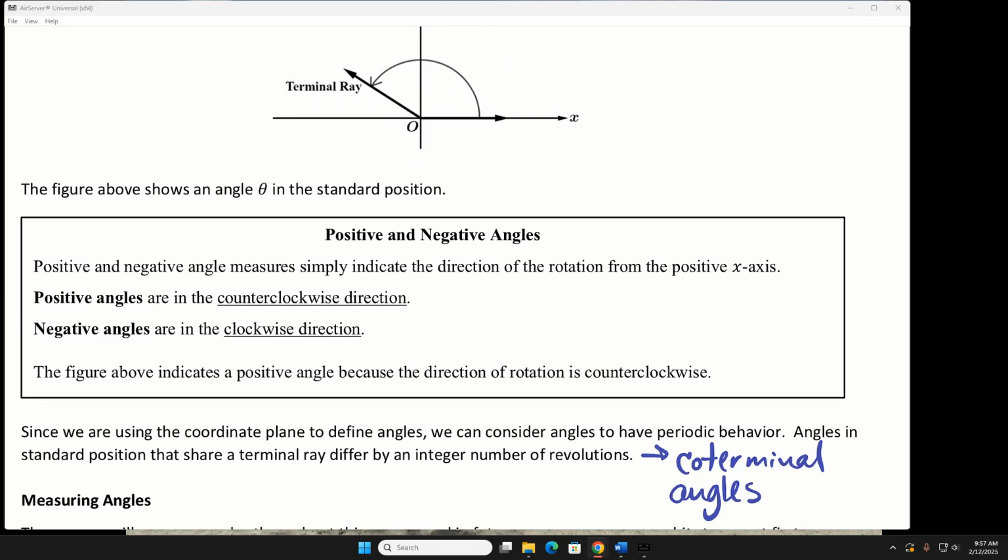They're going to have the same starting and stopping points. So they're going to start here and end here. One of them could rotate this way, and the other could rotate in the negative direction, and that would be a coterminal angle. They are different angles, like this one has more of a rotation than this one. But if they start and stop at the same place, they're considered coterminal angles.